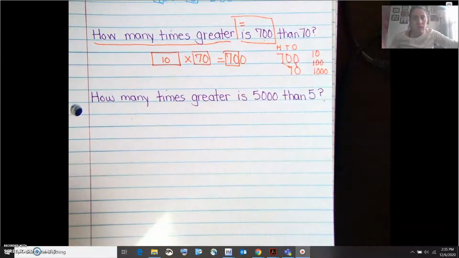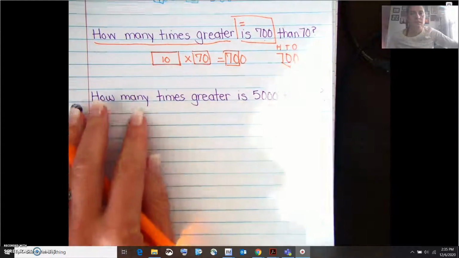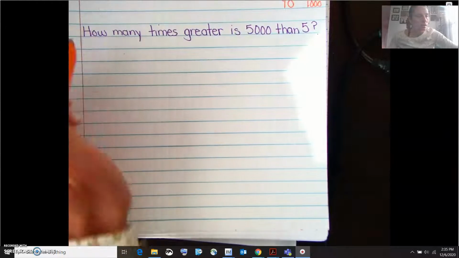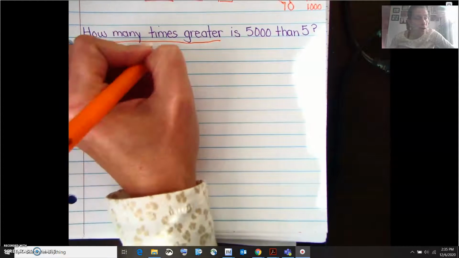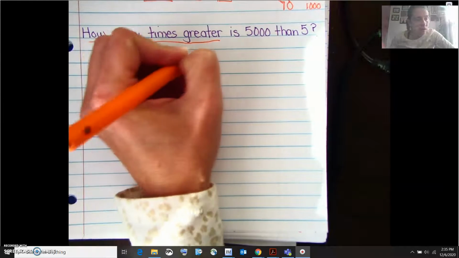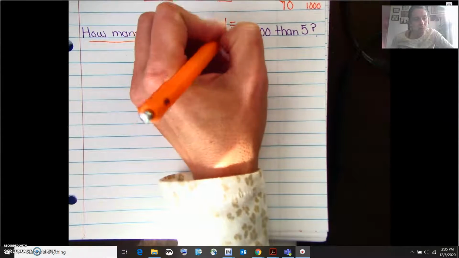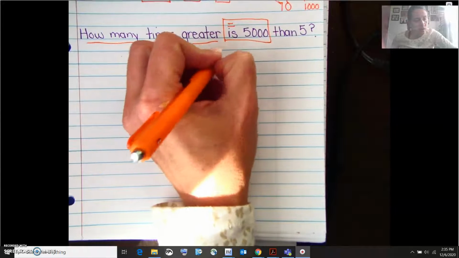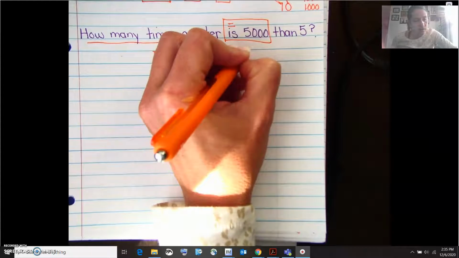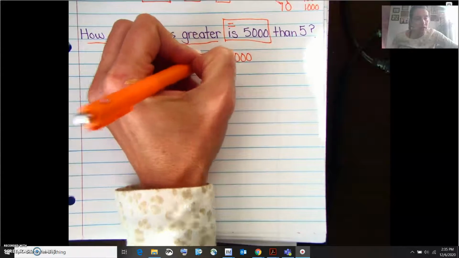Okay, so let's underline our parts. Oh goodness, I'm so sorry. Same thing. How many times greater? So that means we don't know that box. We've got to find out that first box. Is equal. So we've got is 5,000. So we know our equal has to equal 5,000. And then our number that goes here is 5.